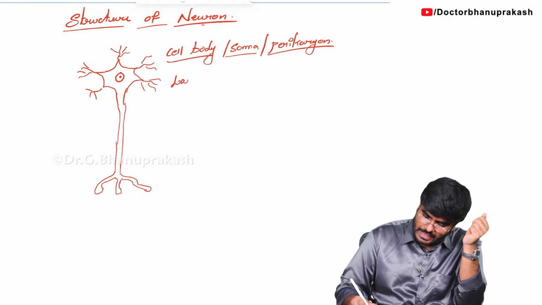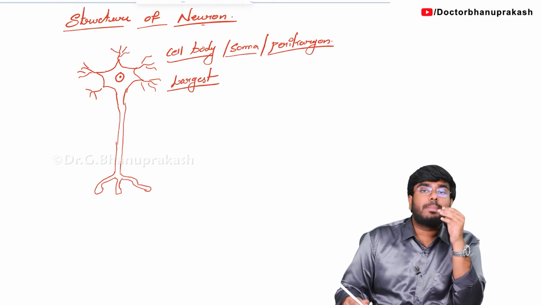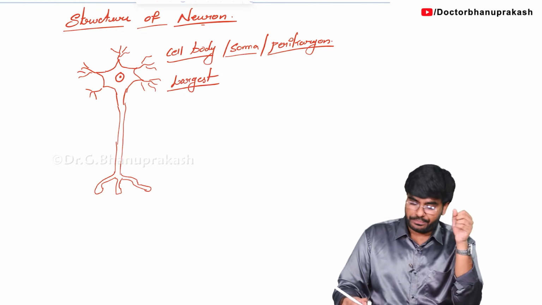Now, where do we see the largest cell bodies? MCQ: largest cell bodies are present in which neurons, in which part of the body?